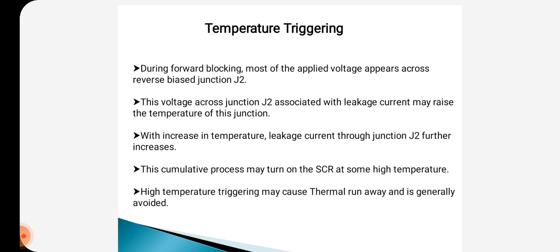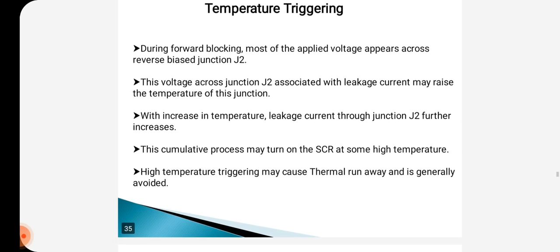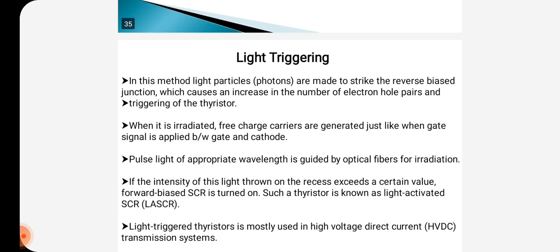This triggering occurs in some circumstances, particularly when the device temperature is high, and is also called false triggering. This type of triggering is practically not employed because it causes thermal runaway, and the SCR may be damaged. Therefore, this triggering is avoided.